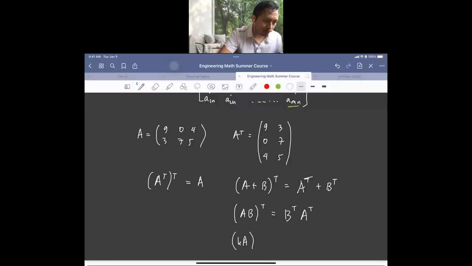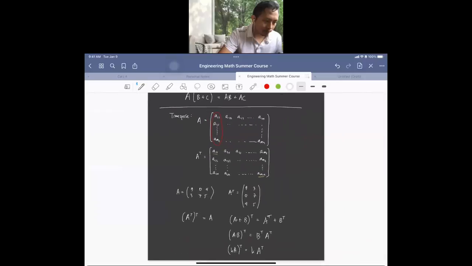And for a scalar, K is just a constant, so we can take the scalar outside and then A transpose. Okay, that's the transpose.